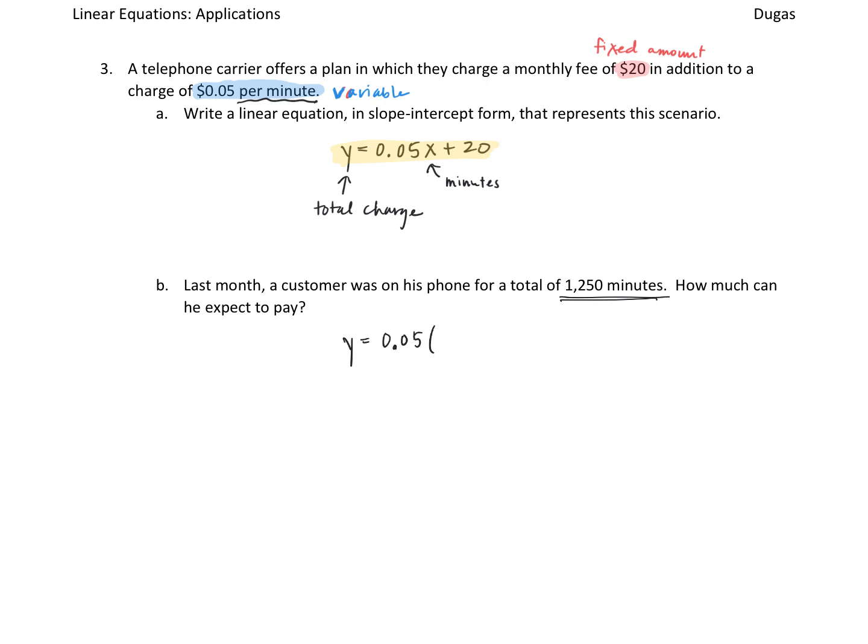So 0.05 times 1,250 plus 20, and that will give us the amount the customer will pay. So 5 cents times 1,250 minutes, that's $62.50. And then plus the $20, so that will give us $82.50.